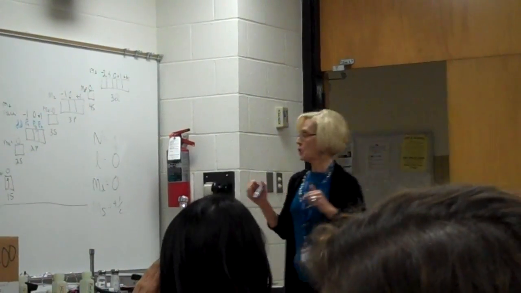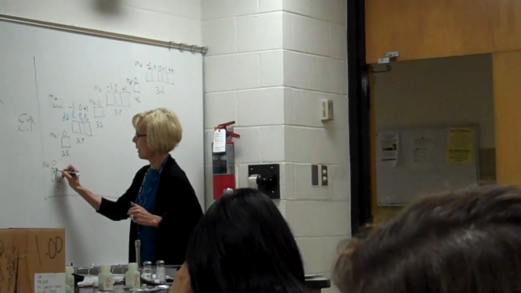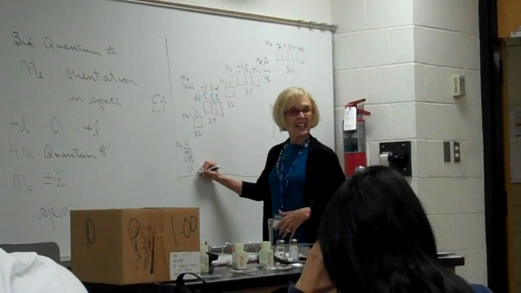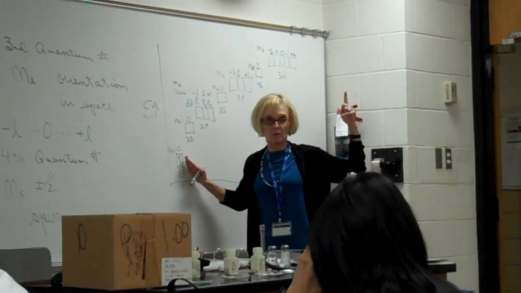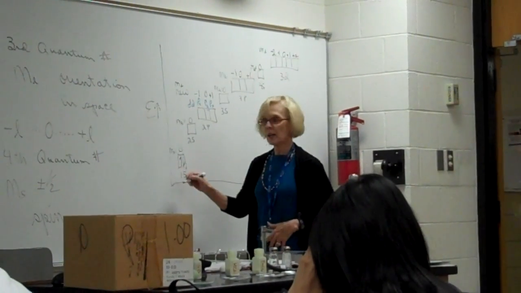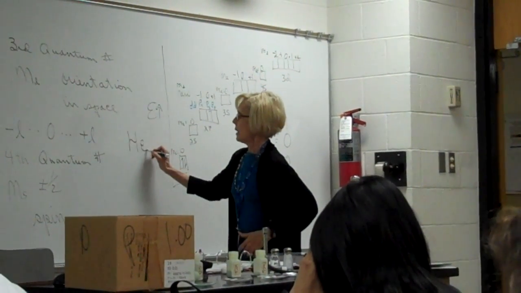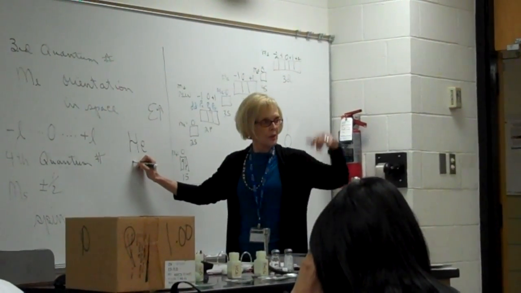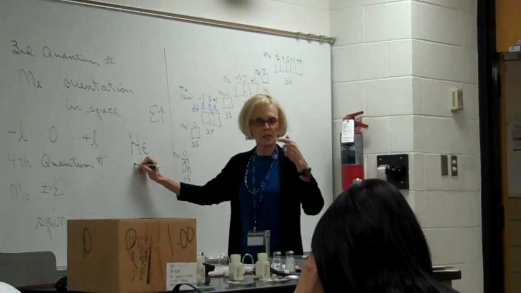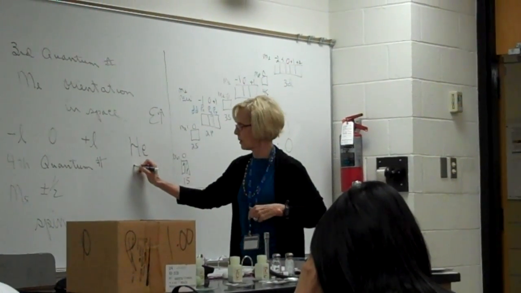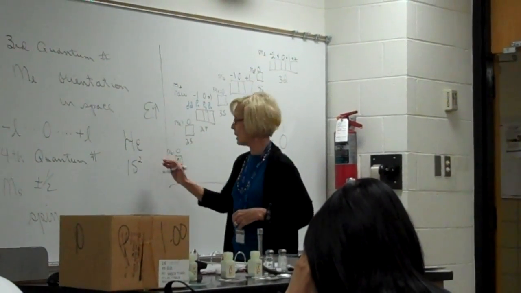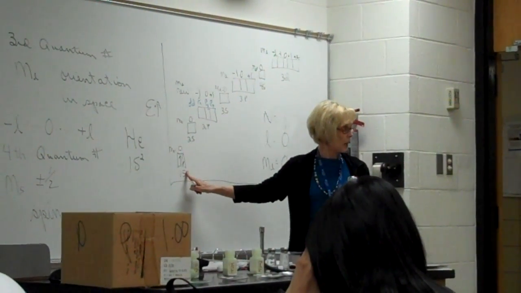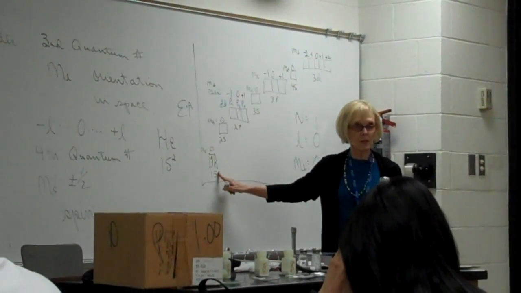Now, what do we do? What if I were doing helium? Is everybody okay with that first one? Okay, now I've got helium. What would be its electron configuration? This is last Tuesday, and I'd say, what's the electron configuration, Nina? 1s2. Yeah, 1s2 is helium. If I do the box diagram, it looks like this.